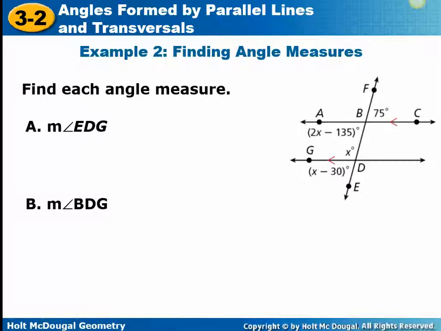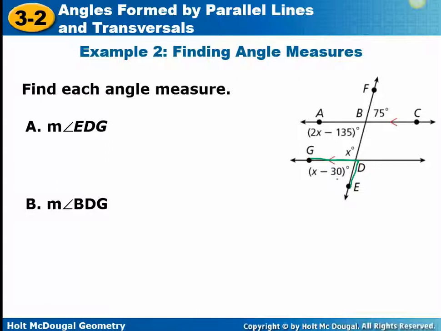So let's use either the alternate interior angles theorem, or the corresponding angles postulate, or same side interior, or which one did I skip? Consecutive interior? No, I said that one. Alternate interior angles are congruent. We'll just use whichever one we need. Find the measure of angle EDG. EDG is this one. We want to find that.